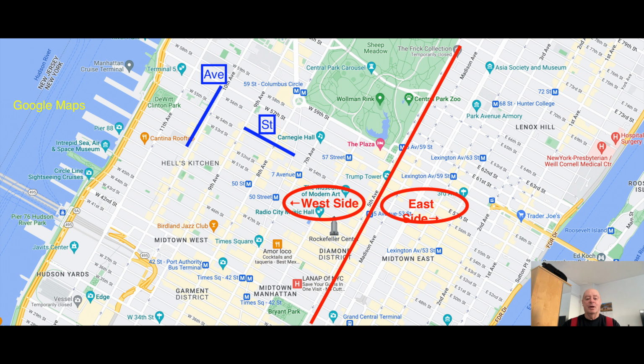The streets themselves start with low numbers at Fifth Avenue, and if you go east, it'll have numbers like 1 east, 3 east, 5 east, 7 east on the north side of the street, or numbers like 2 east, 4 east, 6 east, numbers for the addresses on the south side of the street.